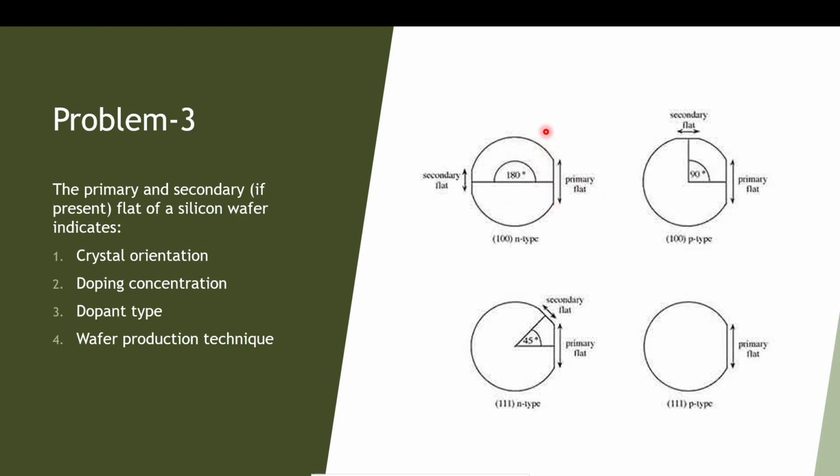Based on the orientation of these flats, we are able to guess whether we have a 100 type, 111 type, N type, or P type. Basically, they help us know the crystal orientation and the dopant type. Unfortunately, there is no way of knowing the doping concentration or the wafer production technique.